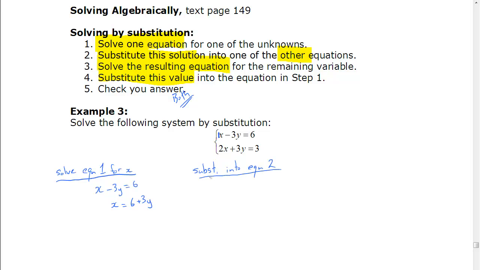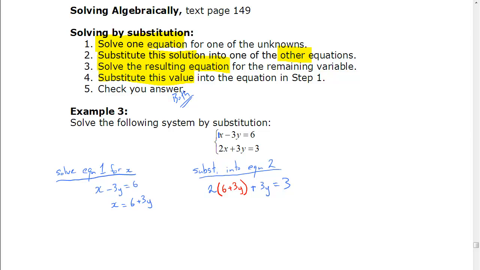And to do that, we take equation 2, but instead of x, now we want to write what we know x is from before, which is 6 plus 3y. So we've replaced the x with what we solved back in step 1, and now we continue, plus 3y equals 3.